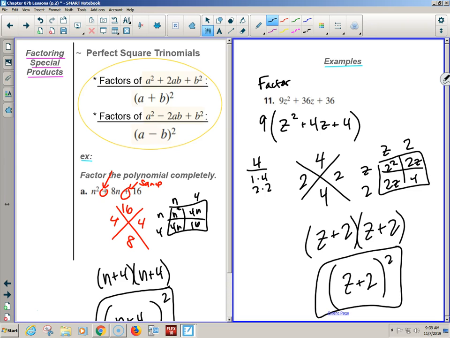Because if you've done it right, most of these are going to be like, oh, they're the same. Okay, put a squared. That's it. We're done. And we've only used positives because every single time so far these have been positive. So when we were saying, hey, it's the same, what same sign? What's going to change, guys, if this was a negative instead? That's all that would change. If there was a negative, we would just have z minus 2 squared instead.